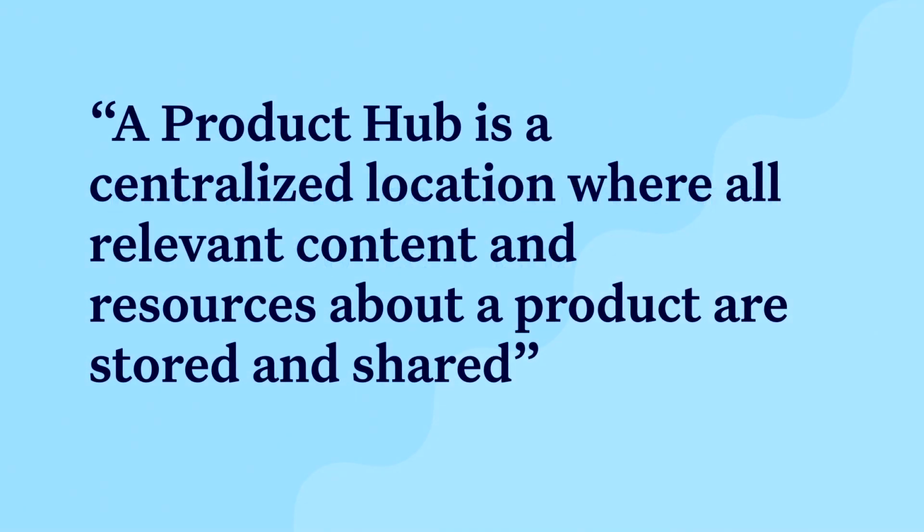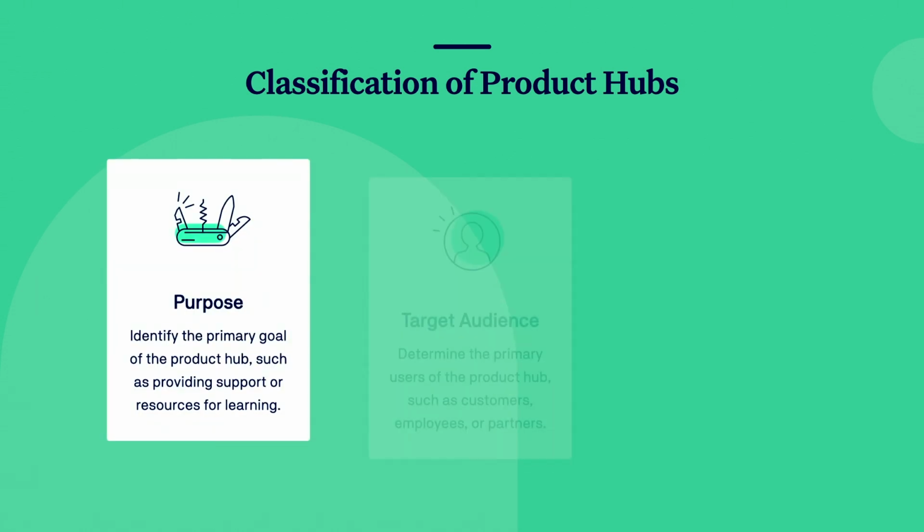In simple terms, a product hub is a centralized location where all the relevant content and resources about your product are stored and eventually shared. Product hubs play a crucial role in organizing content and resources, making them easily accessible to team members, partners, and importantly, to your customers and any other stakeholders involved in the process.